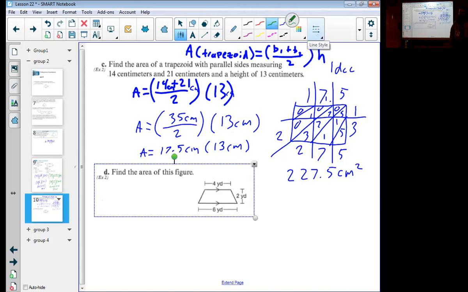Down here on D, we are using that exact same formula. So we have area is equal to base 1, 4 yards plus 6 yards, divided by 2, times 2 yards.